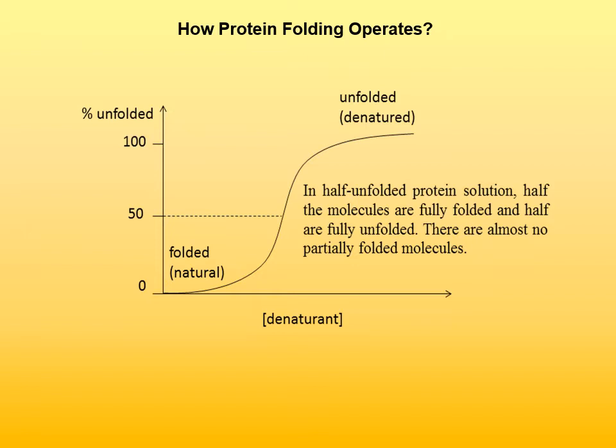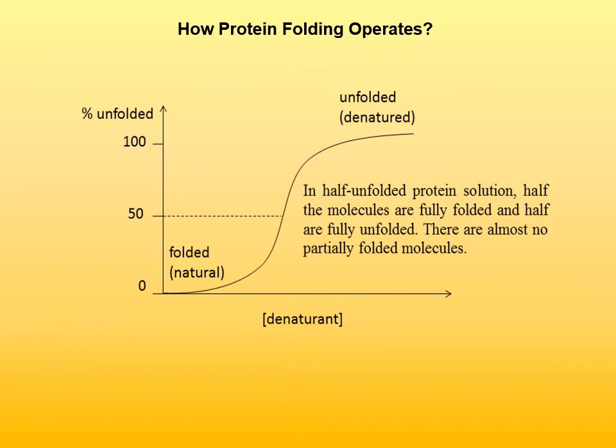So there is a sharp transition. If there is an unfolded protein, it very quickly folds into a completely folded protein, or if a protein is denatured by a denaturing agent, it very quickly unfolds into a denatured protein.